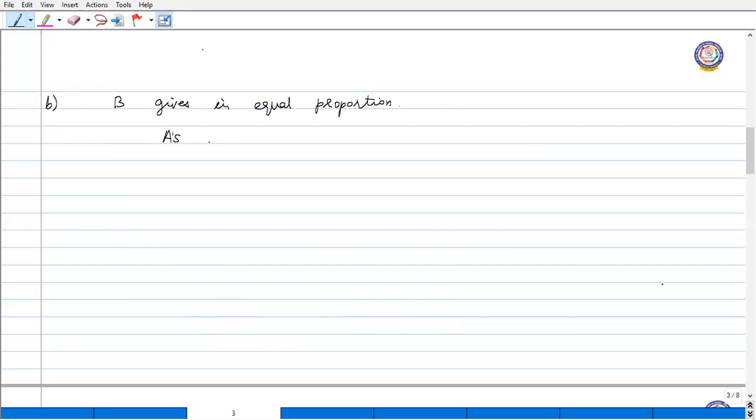Out of 1/3, A should get half, and out of 1/3, C should also get half. So they both will get 1/6 and 1/6.